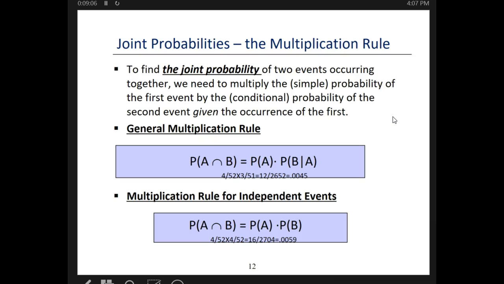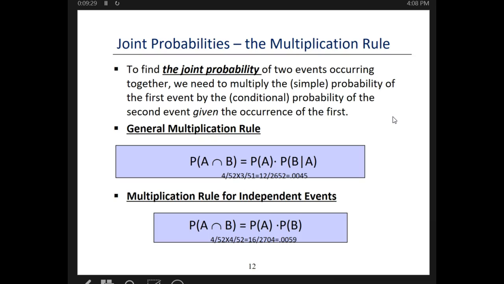General multiplication rule. We're going to go back to the card example. If we're going to draw an ace out of 52 cards, it's going to be 4 divided by 52. That times the second draw, which would be 3 of 51.